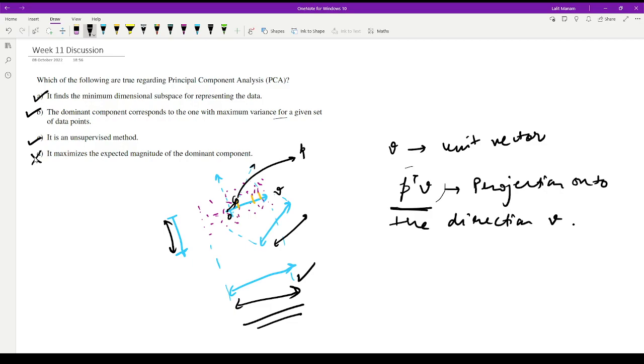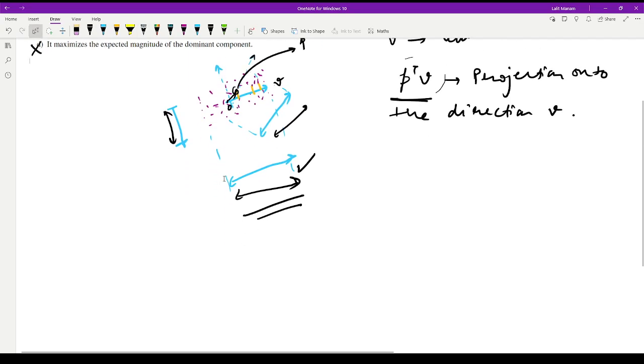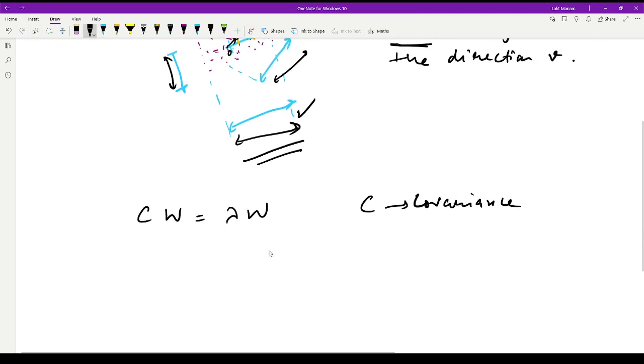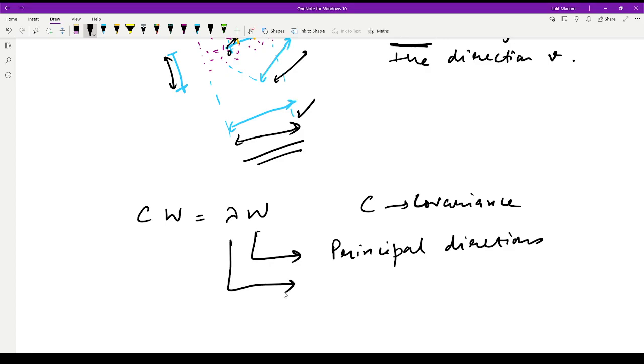If you remember in the class, it was discussed that the different principal components can be found by solving an equation like this, where C is the covariance matrix. W are the principal directions, and the lambda determines whether it's the dominant one or the other way around.